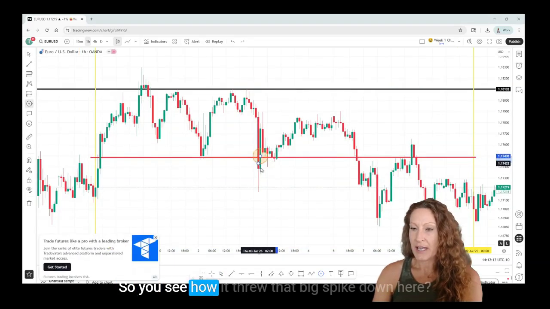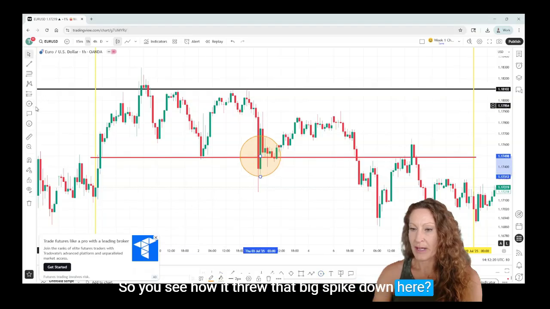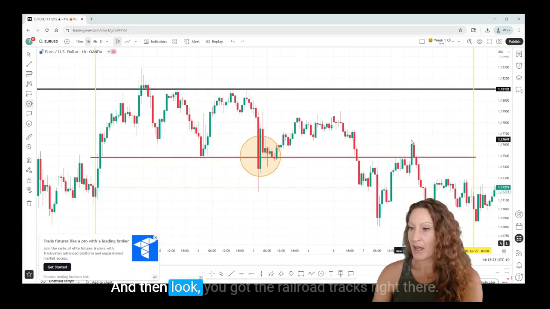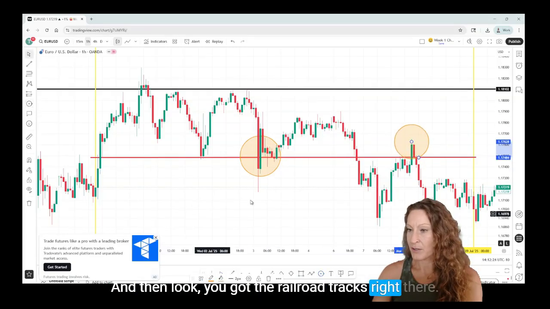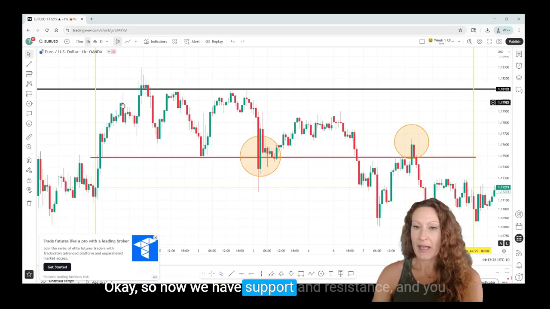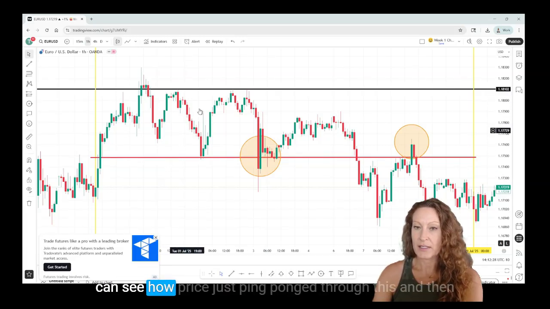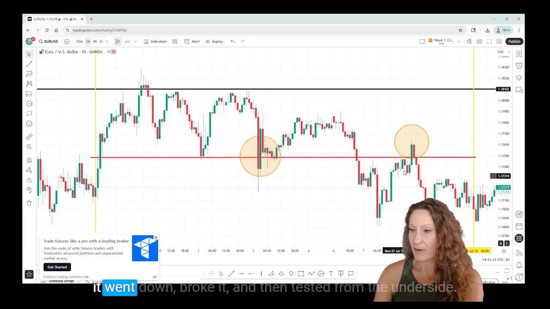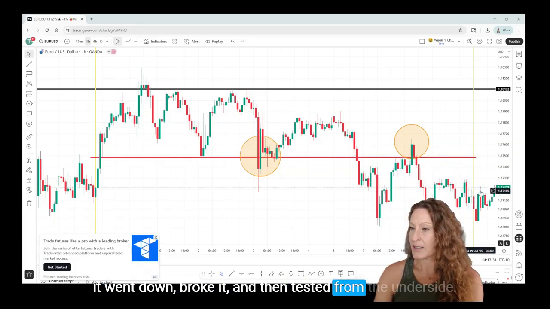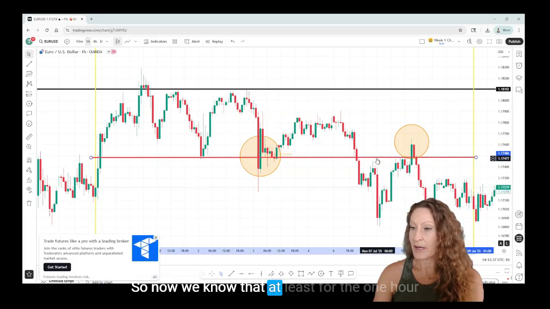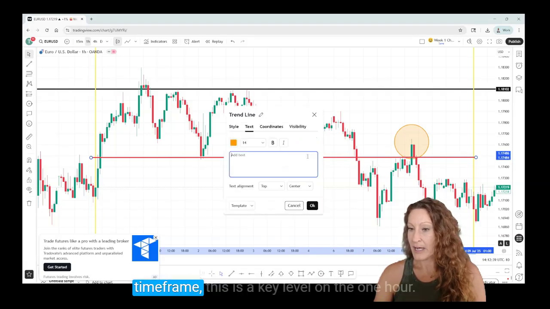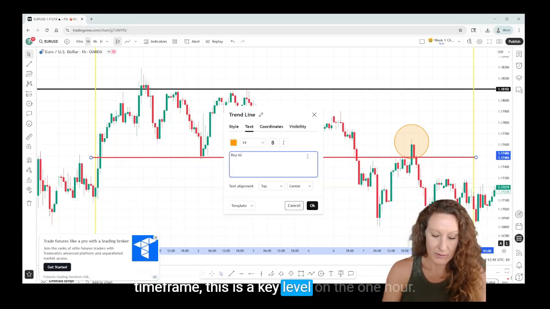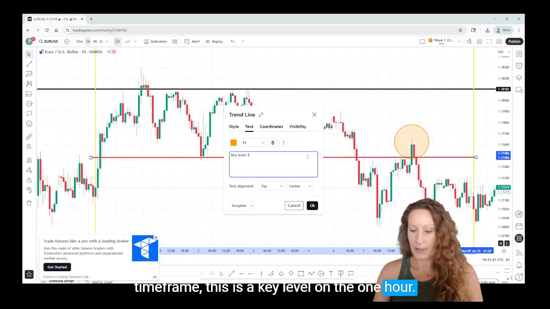So you see how it threw that big spike down here, and then look, you got the railroad tracks right there. Okay, so now we have support and resistance, and you can see how price just ping-ponged through this, and then it went down, broke it, and then tested from the underside. So now we know that at least for the 1 hour time frame, this is a key level on the 1 hour.